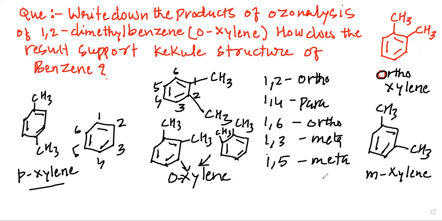And if we have the methyl group present at the first position as well as at the fifth position, that will also be known as meta-xylene. So this is how we understand the various positions in benzene.